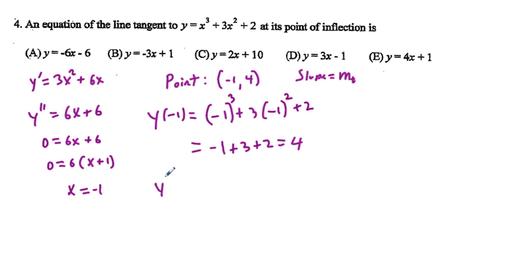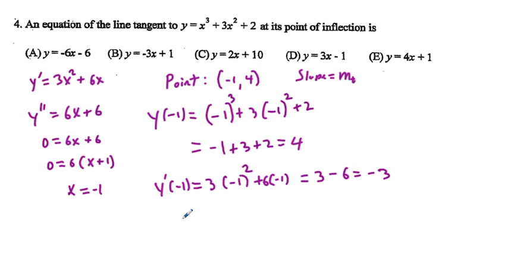Y prime of -1, since that's our input value, is going to be 3 times -1 squared plus 6 times -1. So we're going to have 3 minus 6 equals negative 3.